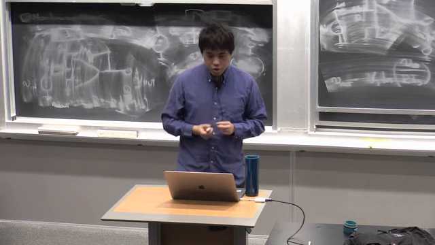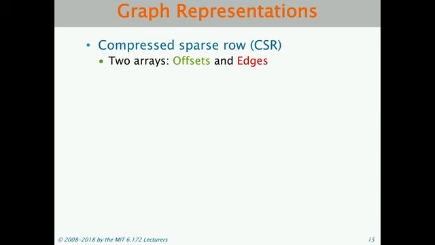Does anybody remember the compressed sparse row format? We looked at this in one of the early lectures. In that lecture, we used it to store a sparse matrix, but you can also use it to store a sparse graph. And as a reminder, we have 2 arrays in the compressed sparse row, or CSR, format.